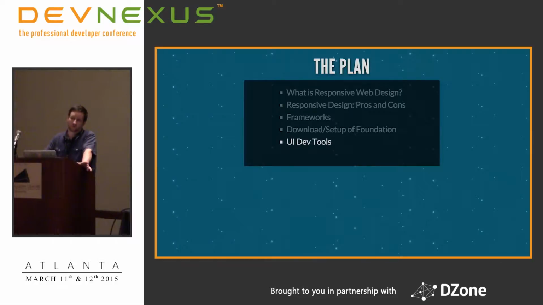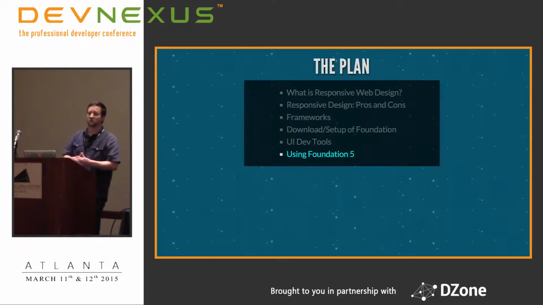We're going to briefly talk about UI dev tools. I'm not sure what tools you are using out there, but if you're not using some tooling, hopefully this will open your eyes to some things that you may not have known existed. And then we'll get into the core of the discussion, which will be using Foundation 5.